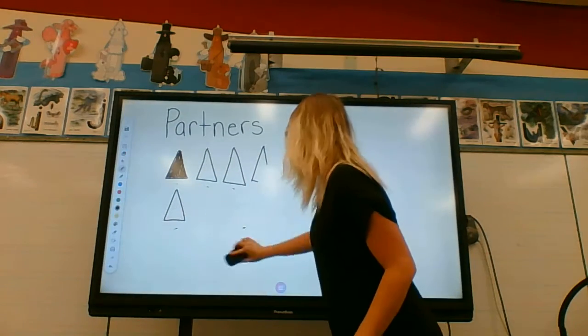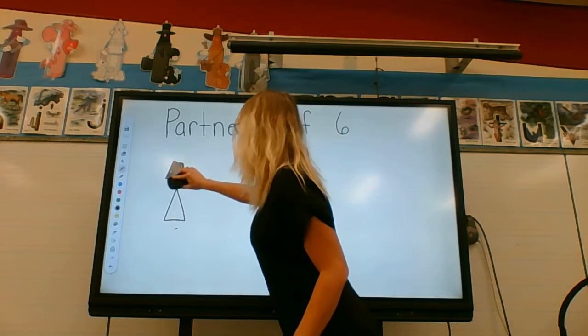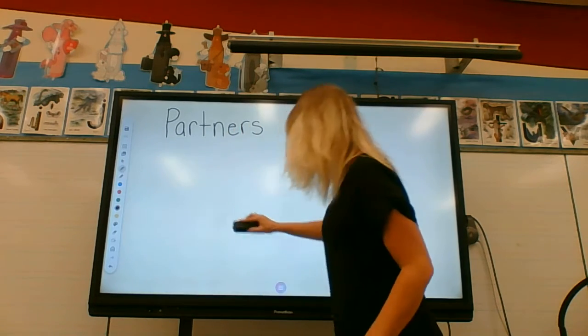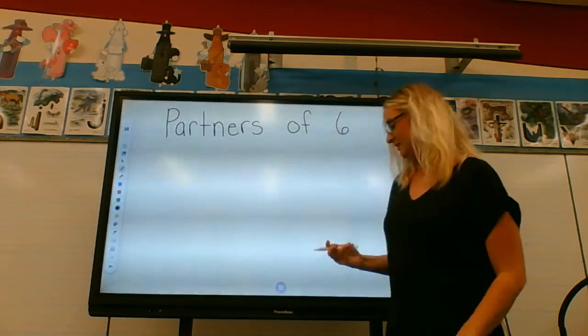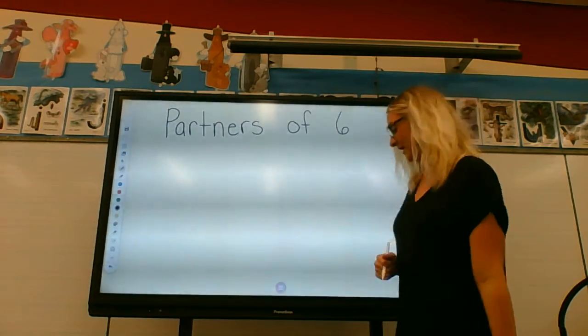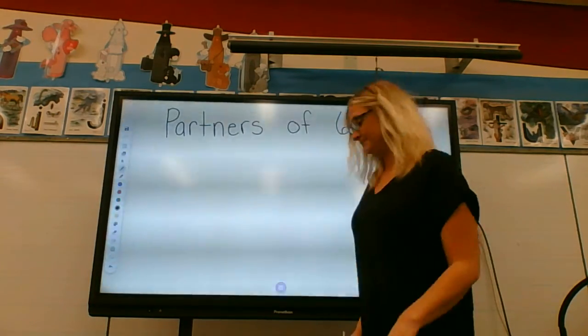Now we're going to go to the second row of the problems that you have to complete. And now our shapes are diamonds. So now we're going to practice an example using the diamonds to find partners of 6. So I'm going to go to the second row and the second problem.